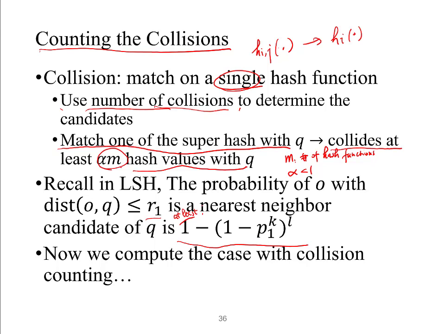Now we want to compute the case with C2LSH. This is the only mathematical part in today's lecture. We have to do this to give you some initial ideas of why it works, and hopefully the mathematics here is not too hard.